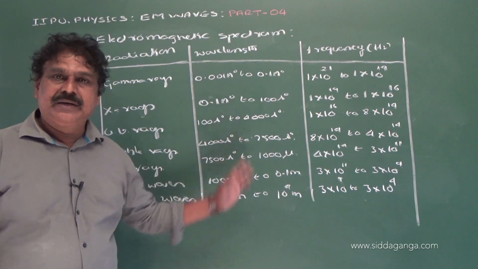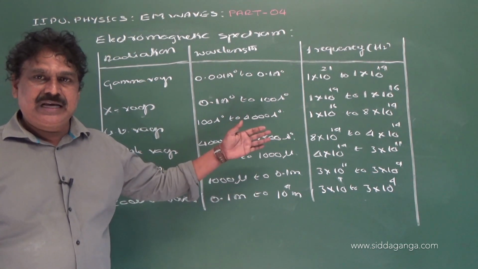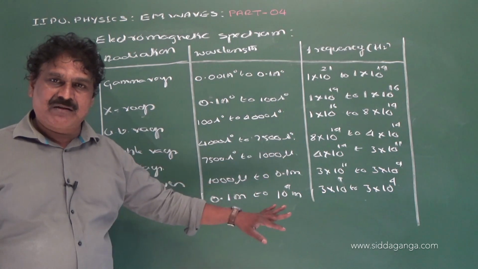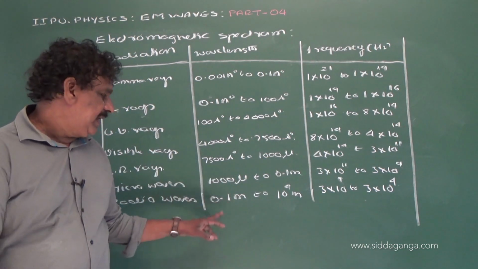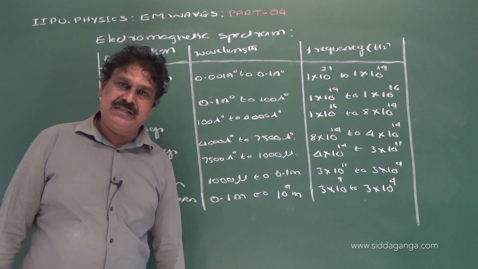Now we see that units are different here. Earlier we have taken angstrom unit, then we have taken micron, then we have taken meter. Right, this is 0.1 meter to 10 raised to the power of 4 meters.